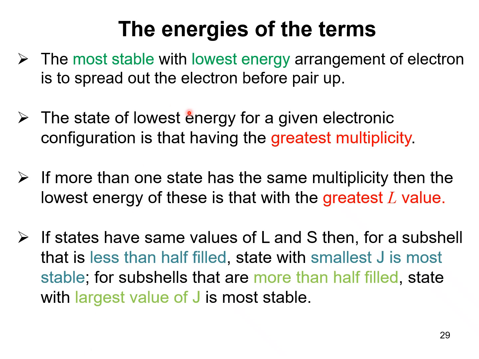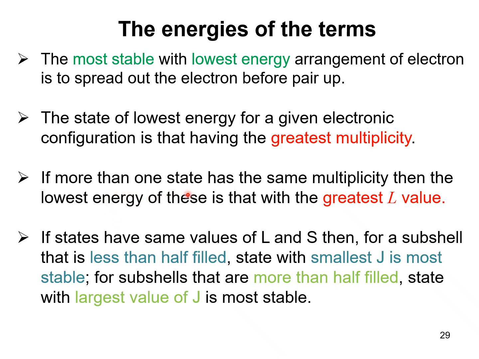After deriving the term symbols for one configuration, we need to arrange these term symbols according to their respective energy. The most stable term symbol is the one with the lowest energy, and the arrangement of the electrons is to spread out the electrons before pairing up. The state of the lowest energy for a given electronic configuration is that having the greatest multiplicity. Meaning that the term symbol that has the highest multiplicity will be the lowest in energy.